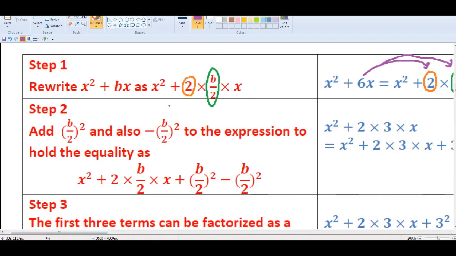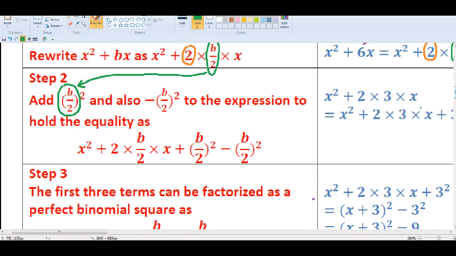For step 2, because you got that b over 2, you will add b over 2 squared, and then you immediately take it away. That's quite strange, so let me explain. The first two terms, x squared plus 2 times b over 2 times x, are essentially what the question is about.